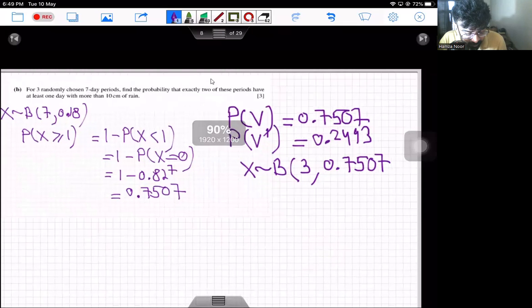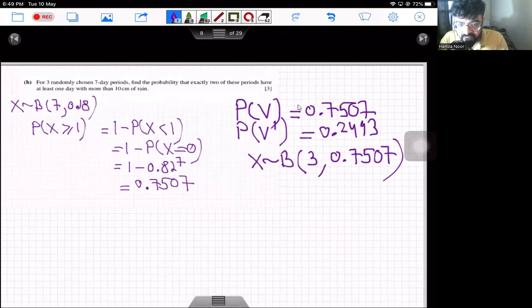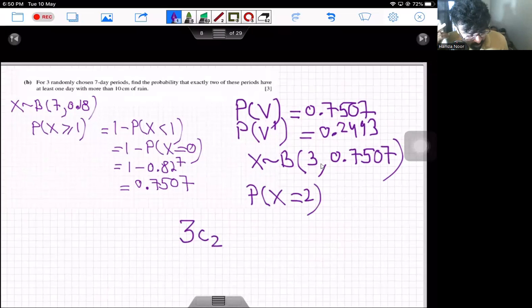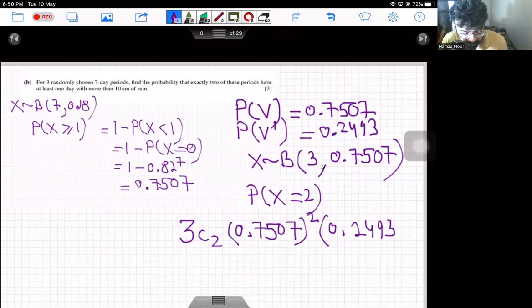Now, this event V should happen on exactly 2 of these periods out of 3. So we need to just find the probability that X equals 2, which is 3C2 multiplied by success occurring 2 times, so multiplied by 0.7507 squared, and failure is occurring 1 time, so multiplied by 0.2493 raised to the power 1. 3C2 multiplied by 0.7507 squared, multiplied by 0.2493 raised to the power 1.